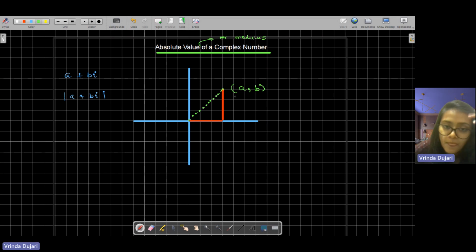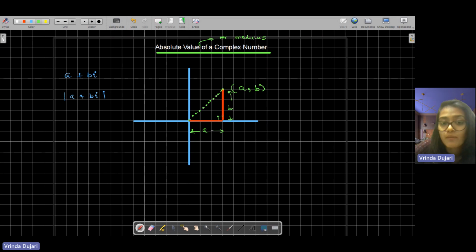Now, if you see, we know the length of, see now this is a right triangle. This is the hypotenuse. This dotted line is the hypotenuse, what we want to find out. And then the other two sides are the legs of the right triangle. And if you look at it carefully, this distance is nothing but A. From here to here, this is A. And then this distance is nothing but your B, right?